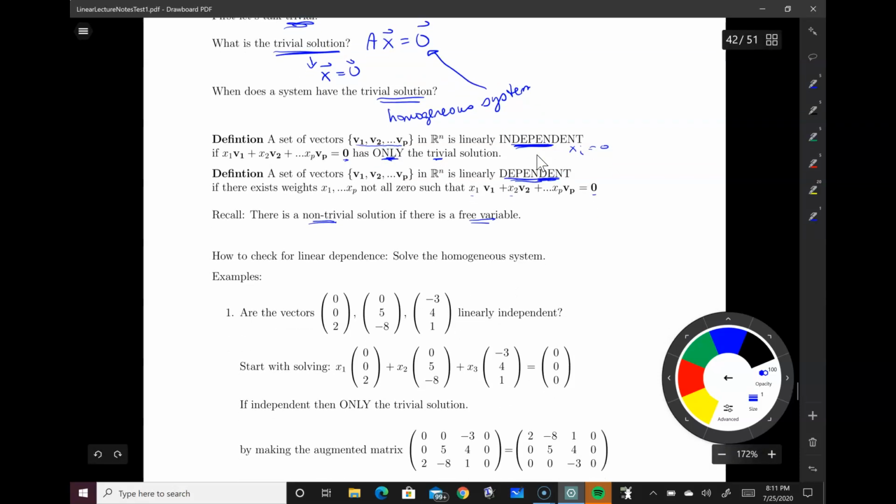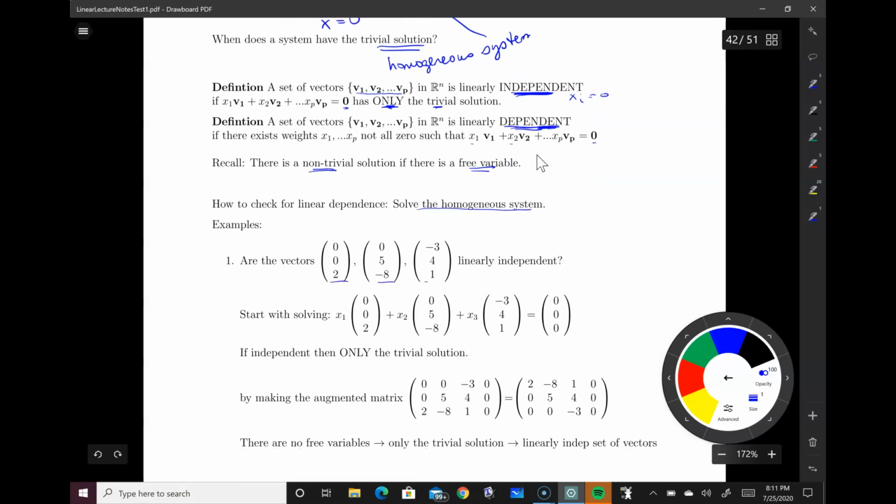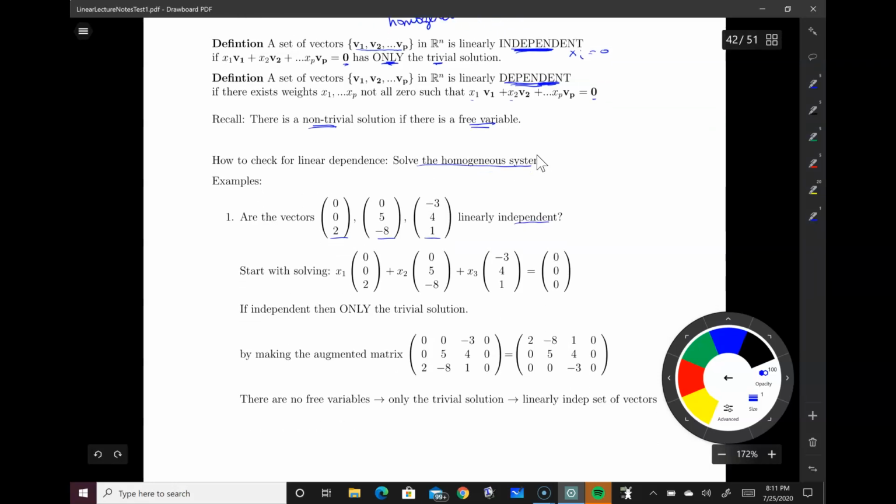All right, so how do we check? We solve the homogeneous system. So if I'm looking to see if these three vectors are independent, I'm going to put them together in an augmented matrix, and I'm going to see if there is only the trivial solution to see if they are independent.